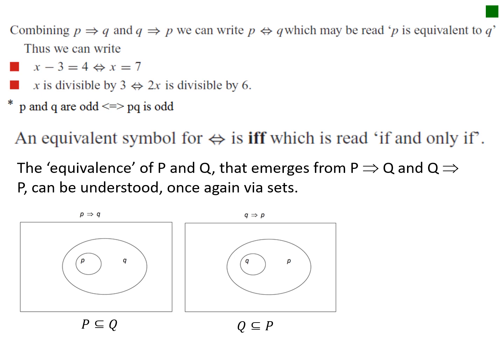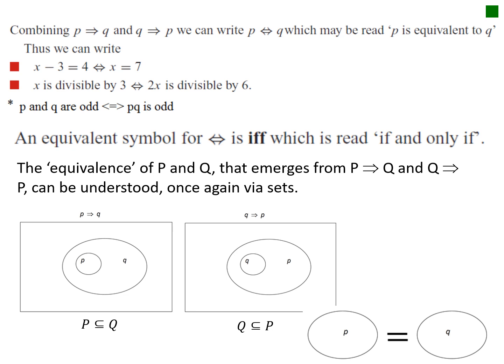And the converse, if Q implies P, means all the things that make Q true are a subset of all the things that make P true. Now, for them both to be true, what conclusions can we draw? That's right, all the things that make P true are also equivalent to all the things that make Q true. So this idea of equivalence is quite a powerful one.